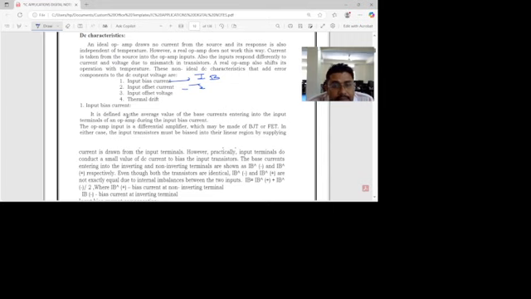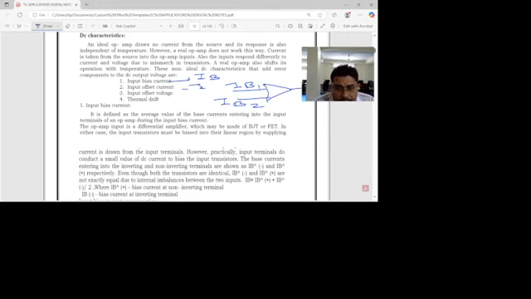It is defined as the average value of the base currents entering the input terminals of the op-amp. Suppose this is the op-amp. We will draw a diagram here. This is IB1, the current IB1 here, and IB2 here, then this is the output.